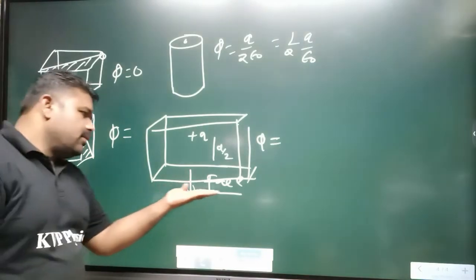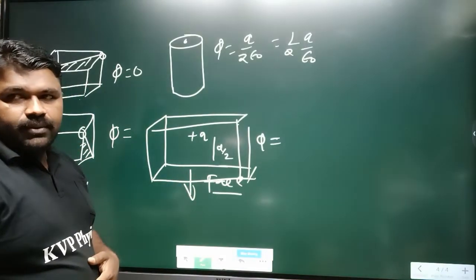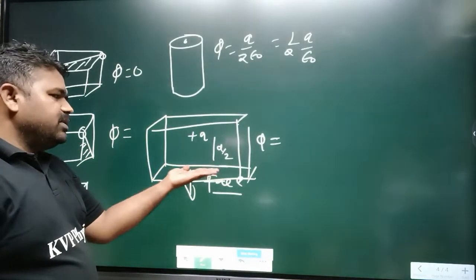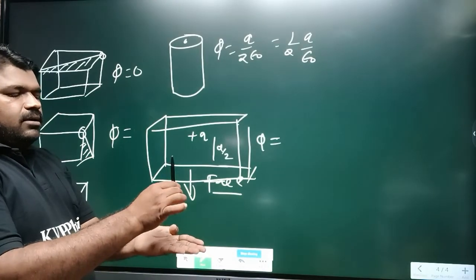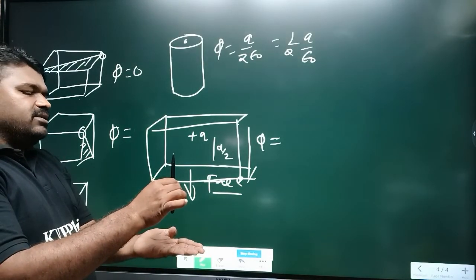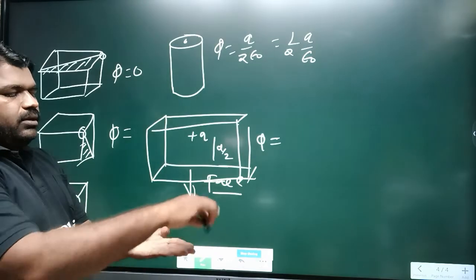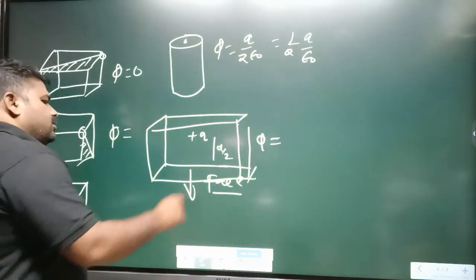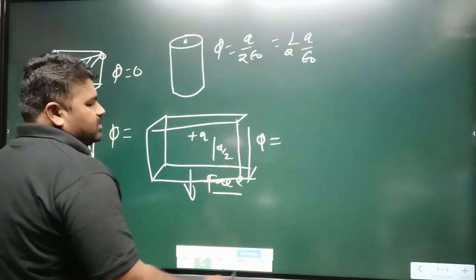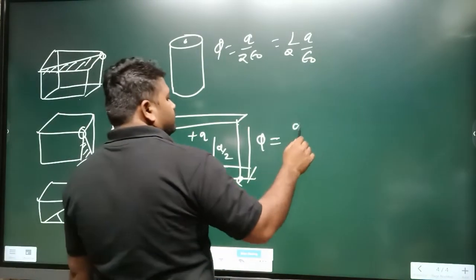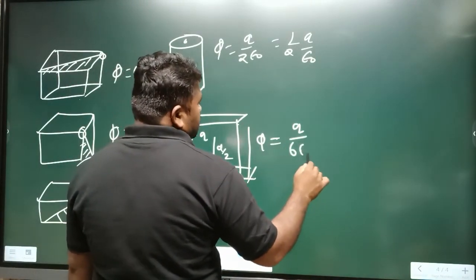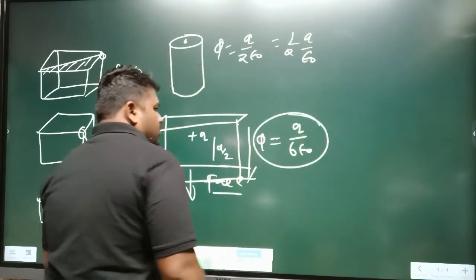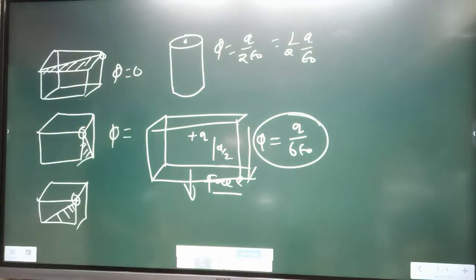Because the given word is face. Charge is here. How many faces do we require to cover the charge? 1, 2, 3, 4, 5, and above 6. Yes or no? Means here, how much flux is passing through the surface? Phi is equal to Q by 6 epsilon naught. Got it?